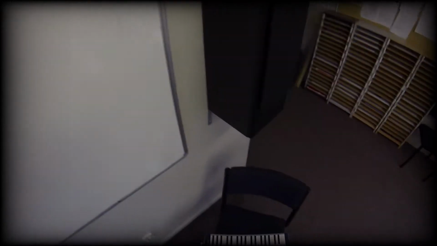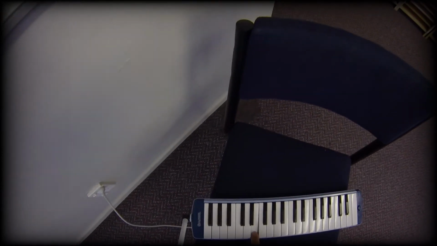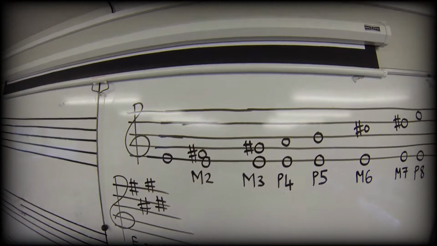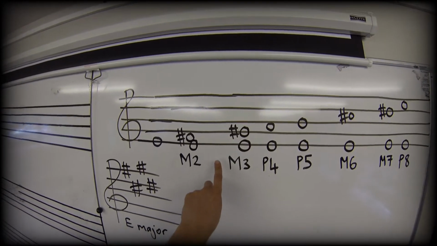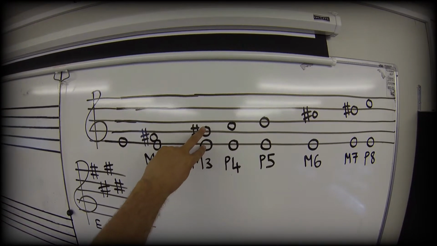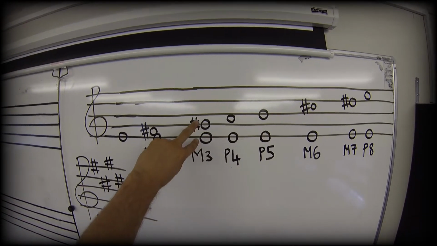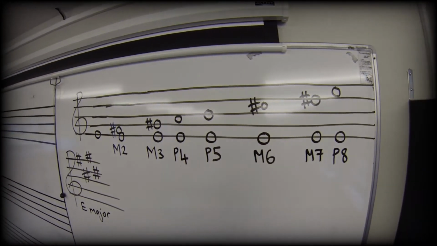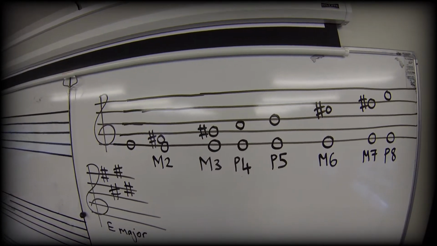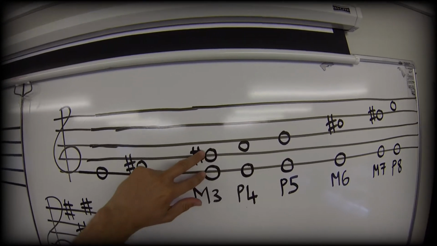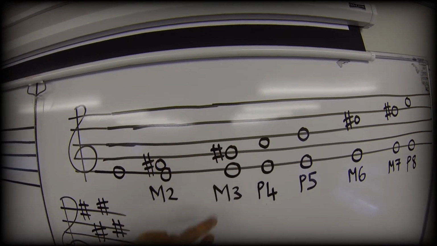So I'll just get my E again here. Now, we can start to put in some alternative options for the thirds and the sixth and the seventh to make the minor intervals. Now, the minor intervals are going to look the same as far as their stave position.